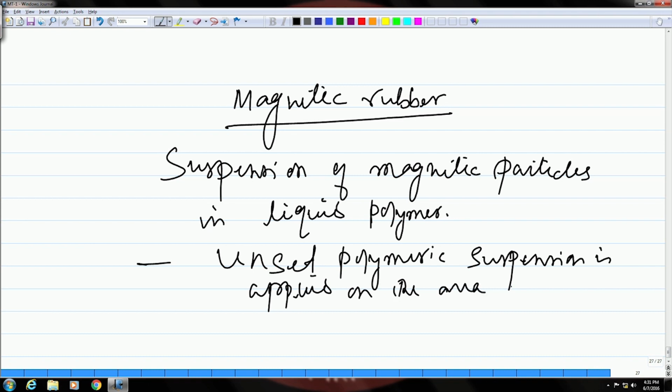It is applied on the area being examined. Then allow sufficient time for the polymer to cure.